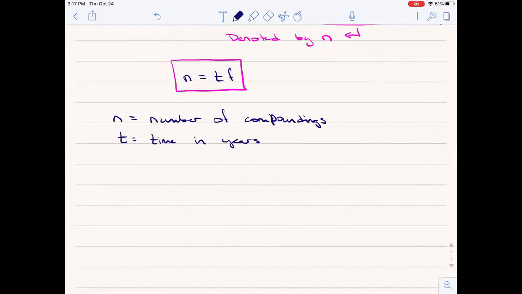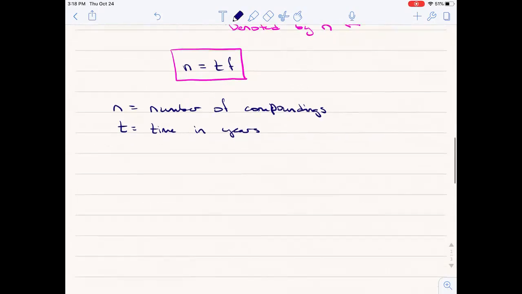So remember before, if I told you that you invested it for 4 months, you had to use T equals 4/12, right? Because you still had to convert it to years. We still have to do that for T, but now we're adding this extra component, right? So we're always just building on what we learned. And F is, of course, the compounding frequency.